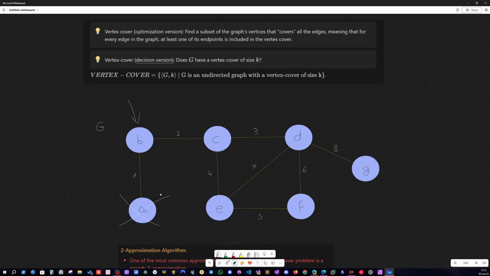So if we remove A, nothing changes because we can still touch this edge and this edge. And so on. So we are trying to remove the unnecessary nodes or vertices in order to still have the possibility to touch all the edges.